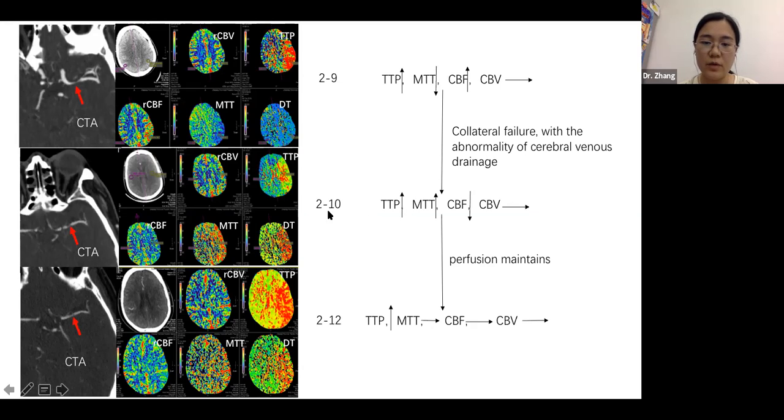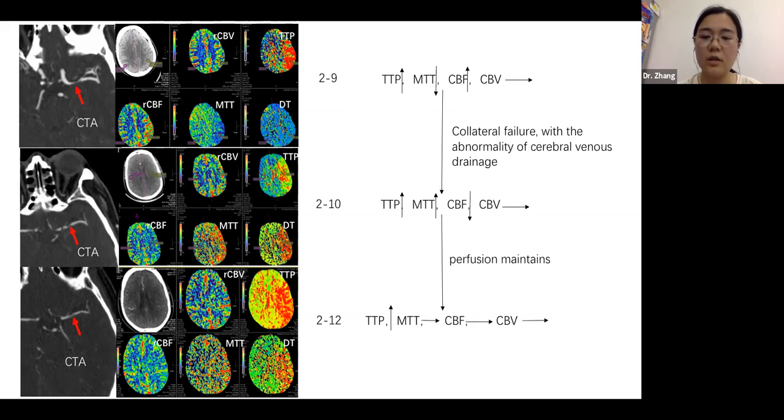In his February 10th CT perfusion, the TTP still increased, but the MTT also increased. And the CBF seemed slightly decreased, but fortunately CBV is still maintained, because CBV is a formula very related to the value of CBF and MTT.